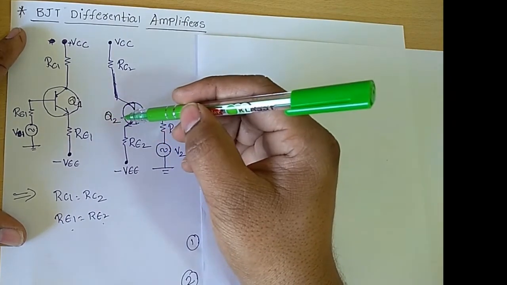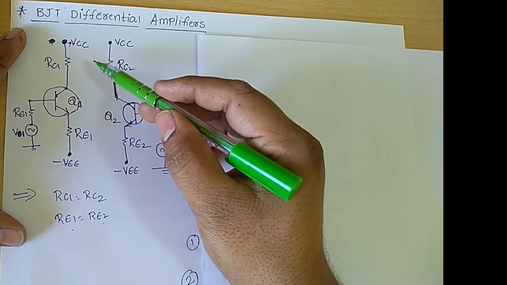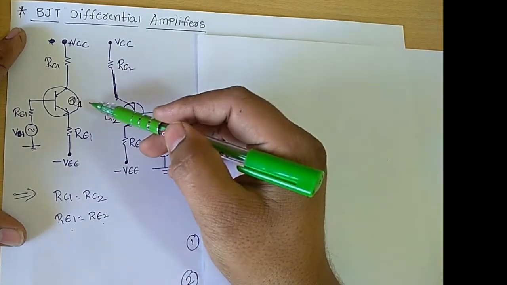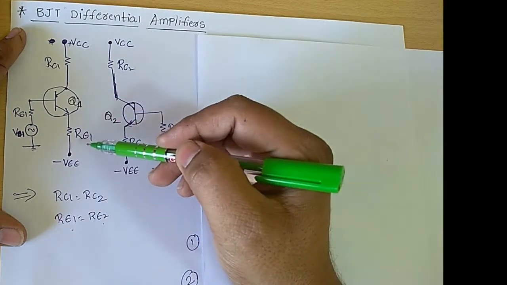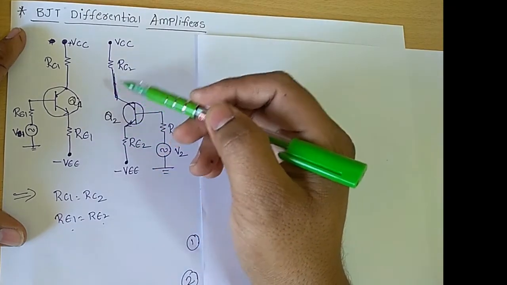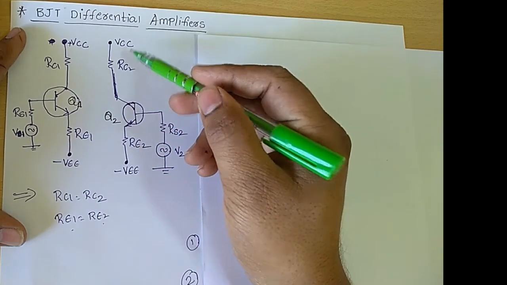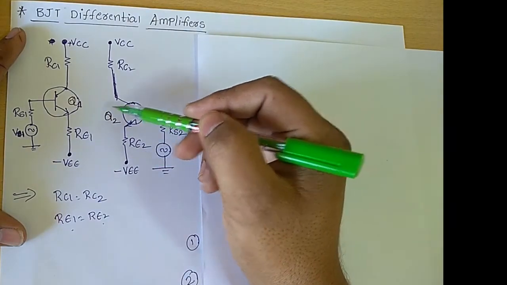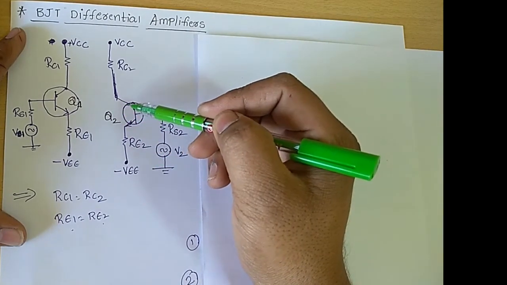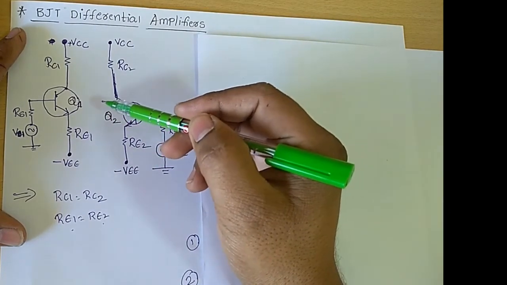These two circuits are identical to each other because the power supply voltages of the Q1 transistor, that is VCC and minus VEE, and of the Q2 transistor are equal.